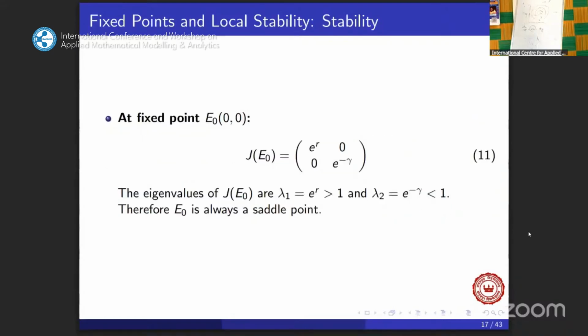We get the eigenvalues lambda 1 and lambda 2 as e to the power r and e to the power minus gamma, that is, one is greater than 1 and the other less than 1. So E0 is always a saddle point. Go to the next slide.